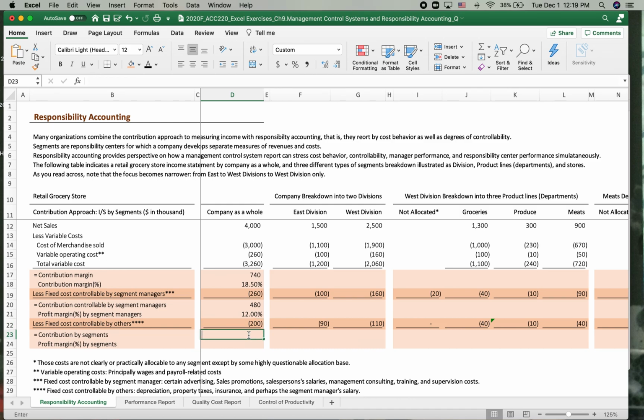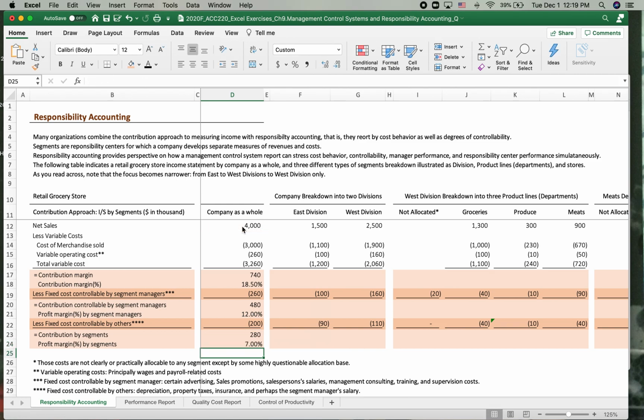And then after this, we also want to get the contribution by segment, including all the cost responsibility by segment managers or by others. So 280. So we want to see the percentage as well, the contribution margin percentage. So 7%.